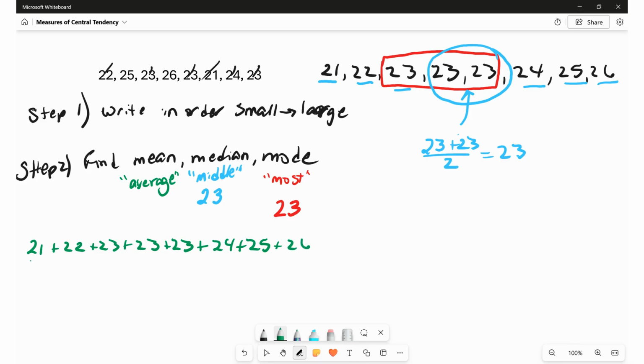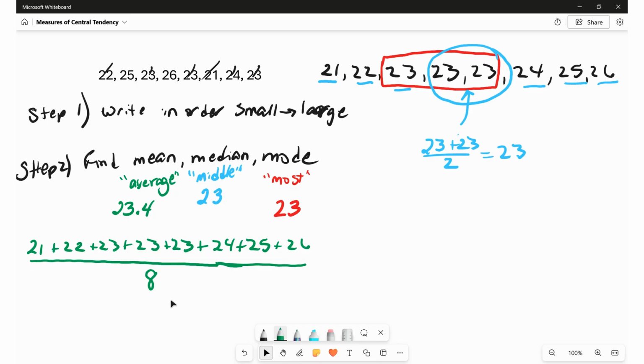And we are going to add all of those up and divide that total by how many data points we have. And in this case, we have 8 data points. And when you do that, you get a mean of 23.4. Okay.